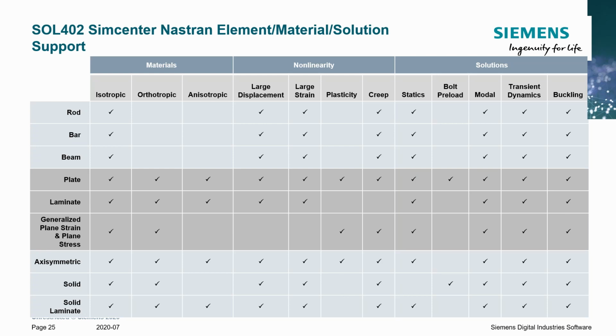I'll have to double check. We may support plasticity in 402 for laminate. I'll double check this. Again, for bolt preload, you can only use, oops, that's actually incorrect. It should be a beam instead of a plate element for bolt preload and then the solid elements.